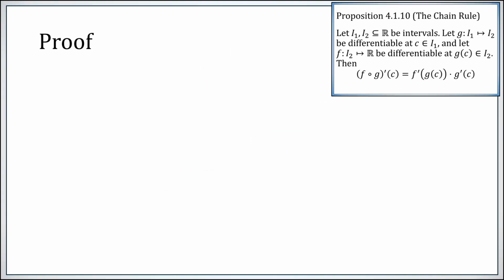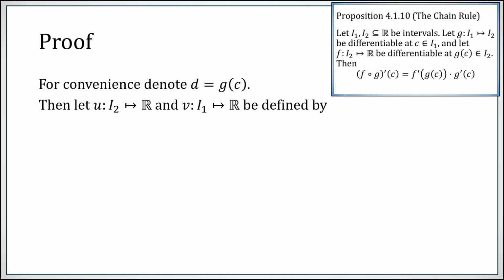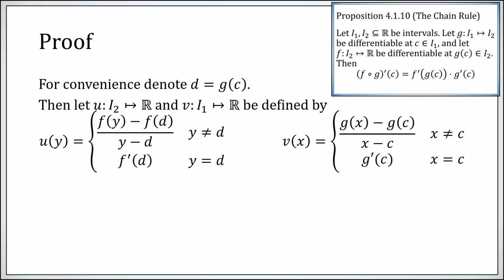So let's get to proving the chain rule. For convenience, we're going to let d represent the point g of c. This is simply a notational issue so that we're not writing so many parentheses everywhere. We're going to define two functions u and v as follows. Essentially, u of y is the slope of a secant line connecting the point d, f of d to y, f of y.